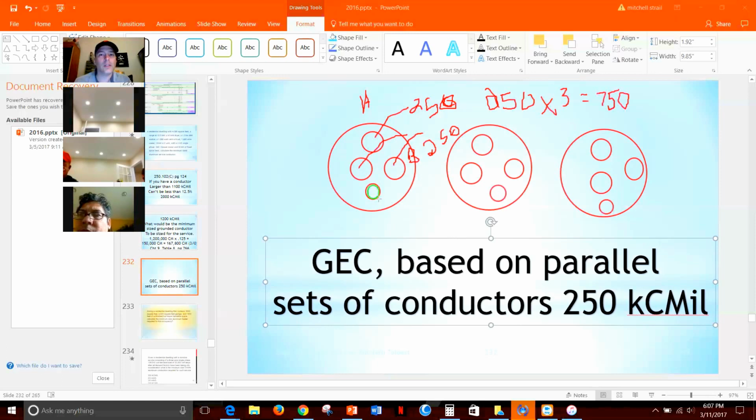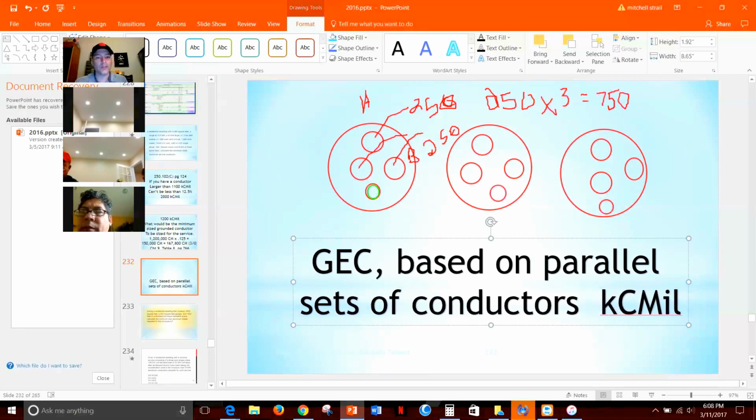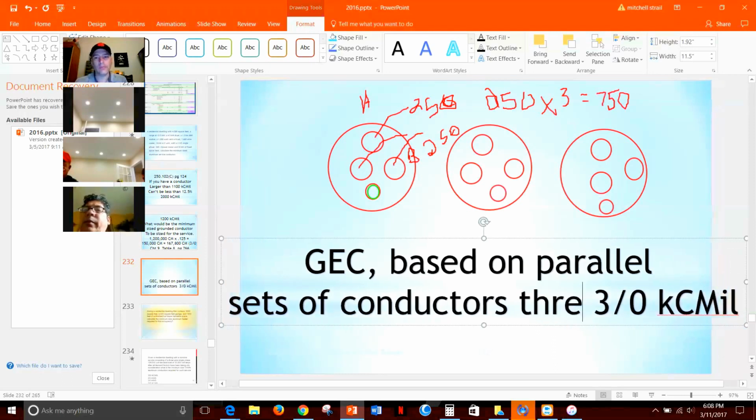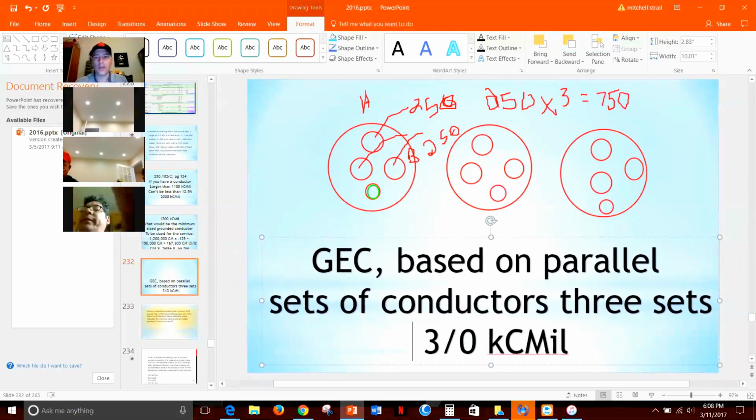Okay. All right. So what would you do if you had the same kind of question on your test, but instead of giving you a 250 kc mil, they gave you 3-aught conductors? So you had 3 sets of 3-aught, not kc mil.